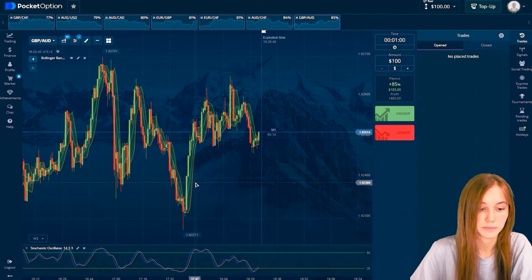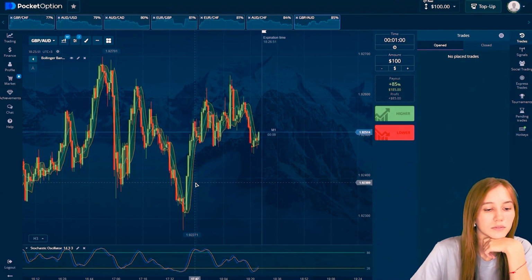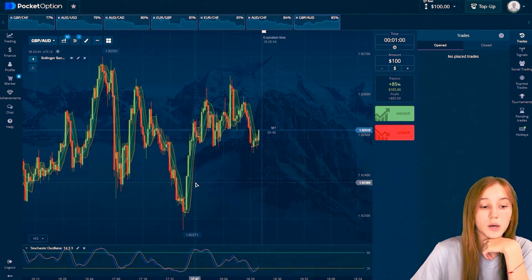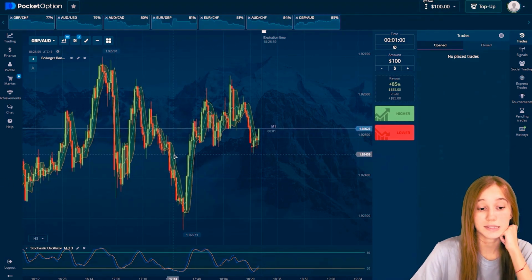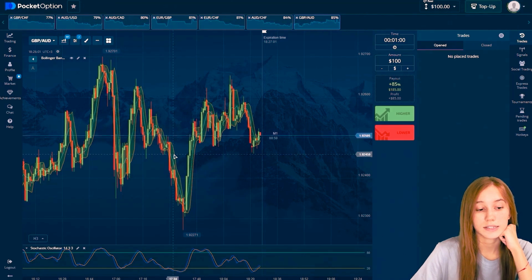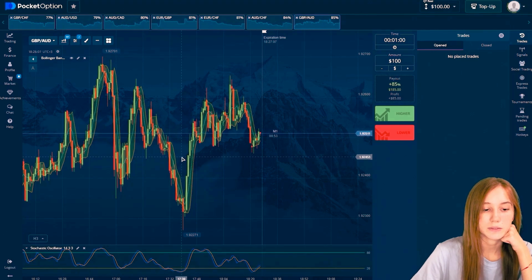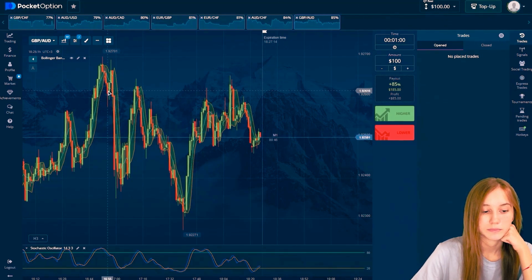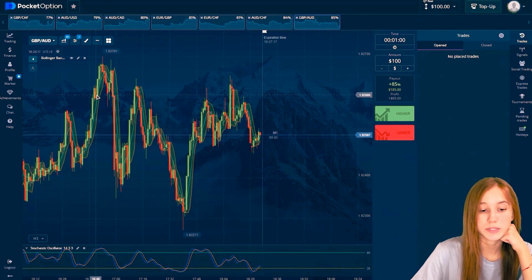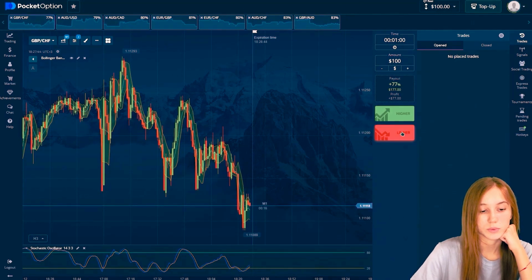So let's start. Here we come to the first currency pair. Let's open the down deal, and that's our technical analysis. We see some decreasing but then a peak. On this peak we see a reversal to the down level, to the resistance. We see that the reversal has just taken place. We see some candles.